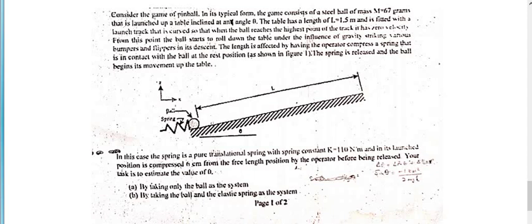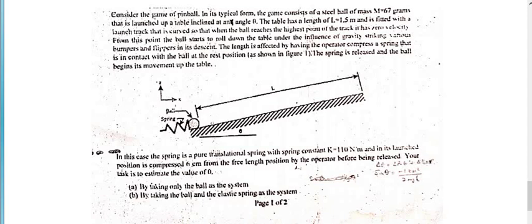This typical form of the game consists of a steel ball of mass m, which is equal to 67 grams, and that is launched up a table inclined at an angle theta.